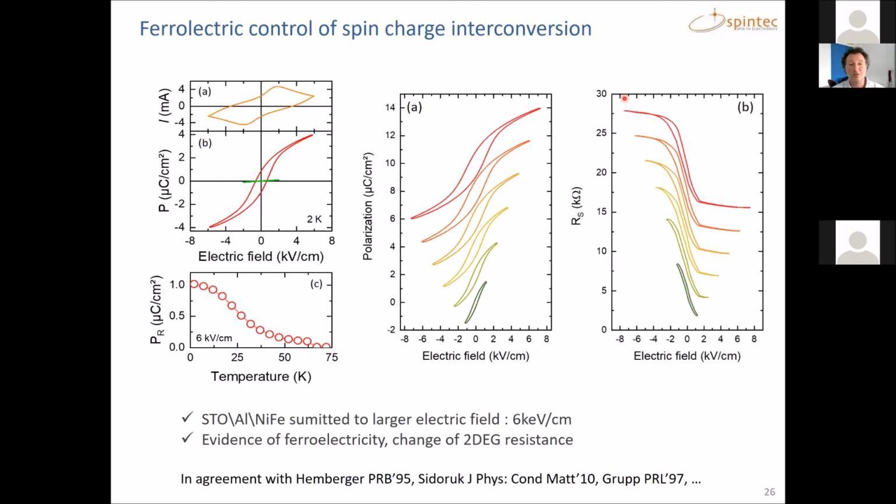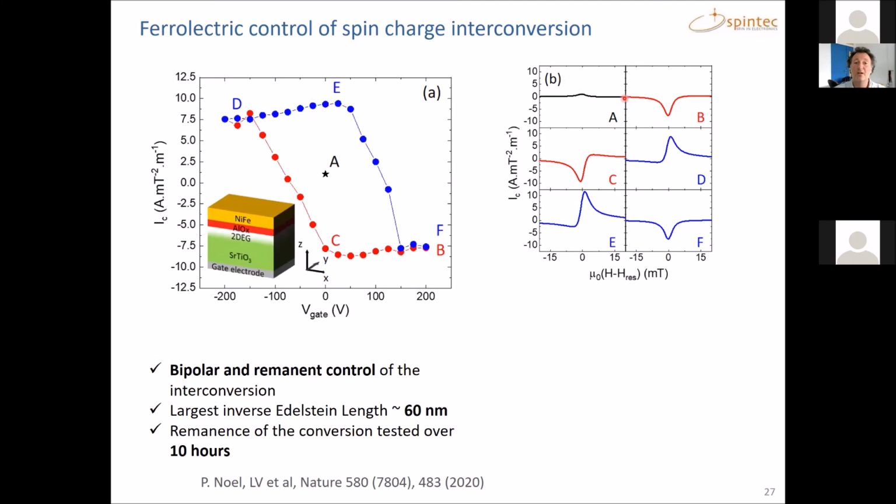Now we turn to the spin pumping experiment, and by applying a sweep of the electrical field, we could, in that case, achieve two states at large positive or very negative electrical field, with quite large values of charge current production that are remanent at zero gate voltage.